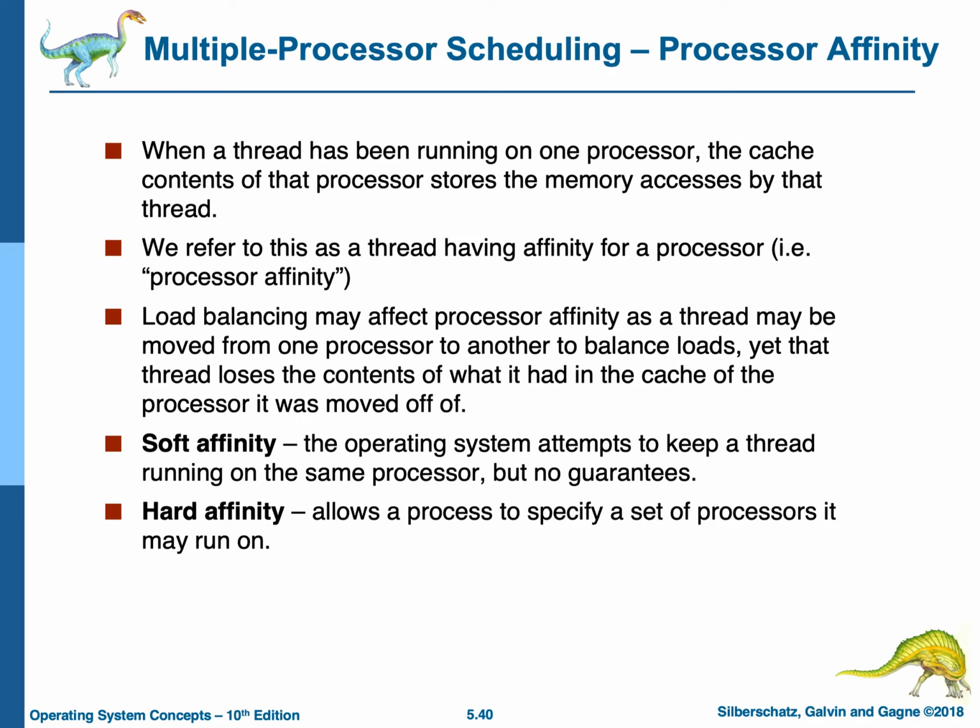Another affinity type is hard affinity, where a processor does not allow a process to migrate to another processor, to another queue, right? This is hard affinity. It allows a process to work only on a specified set of processors on which it may run, right? For a set of processors, or maybe a processor, in the case where they have a shared queue.